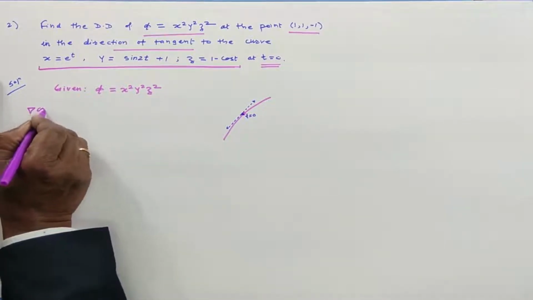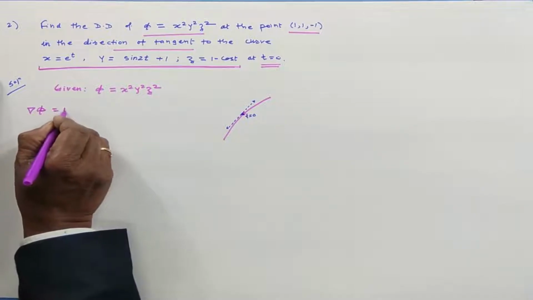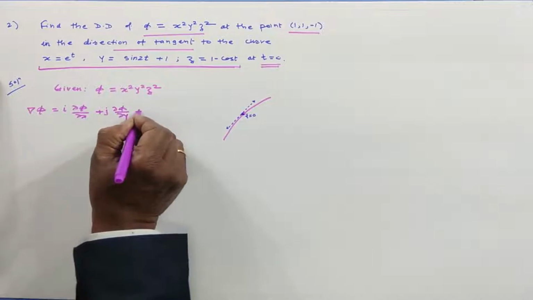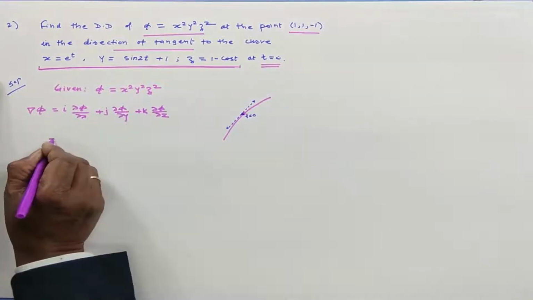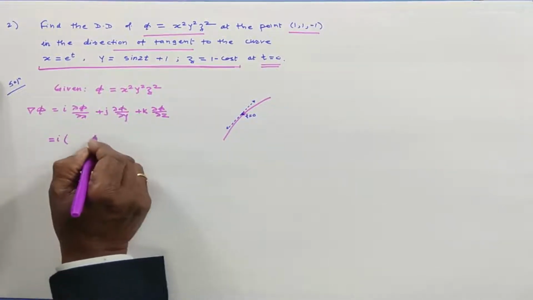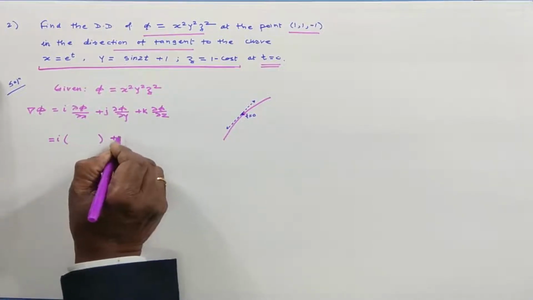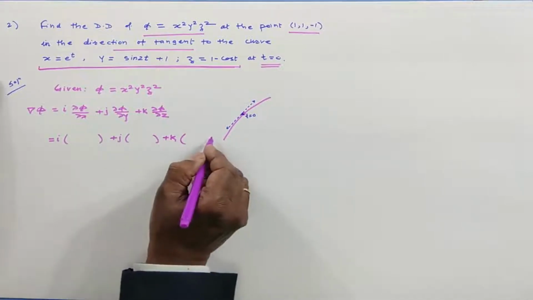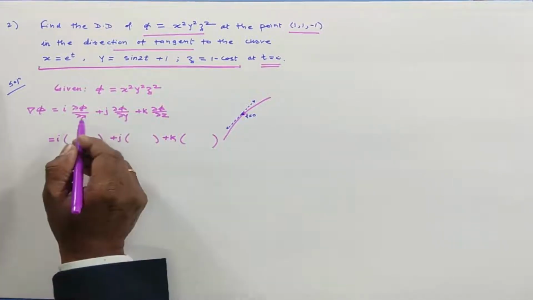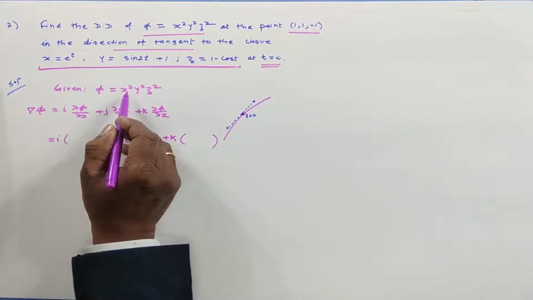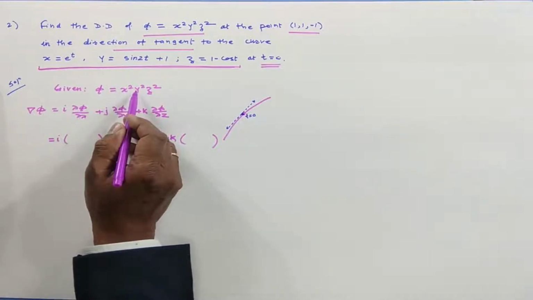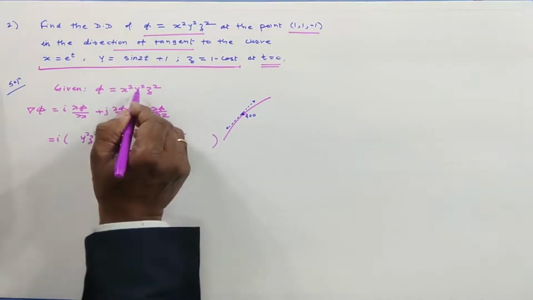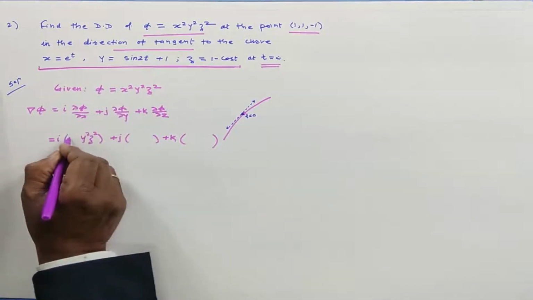Gradient of phi is what? i del phi by del x plus j del phi by del y plus k del phi by del z. These are partial derivatives with respect to x, y, z. The del phi by del x is what? Derivative with respect to x, keeping y and z constant. Here y square and z square are multiplicative constants, and the derivative of x square with respect to x is 2x.